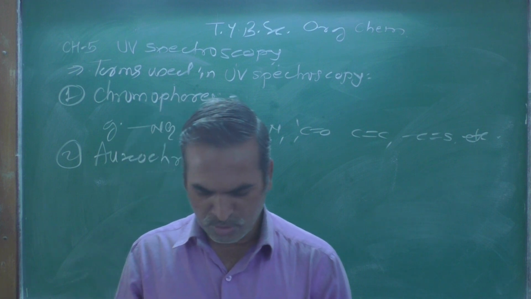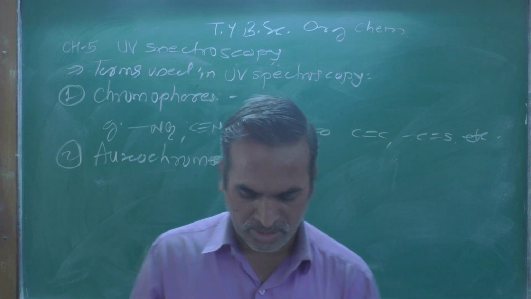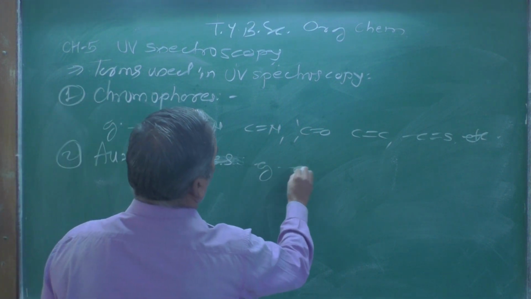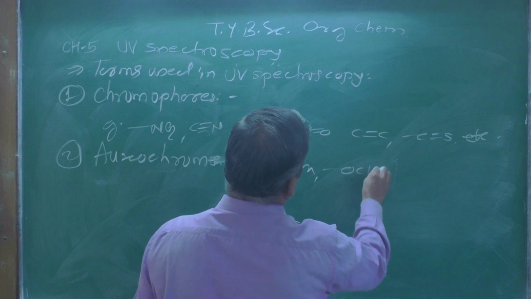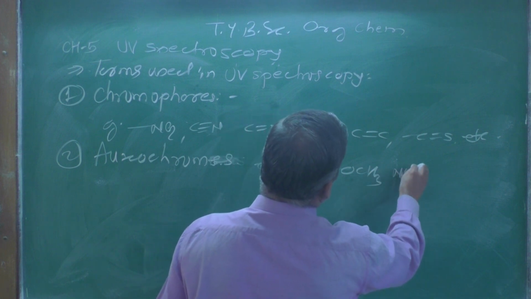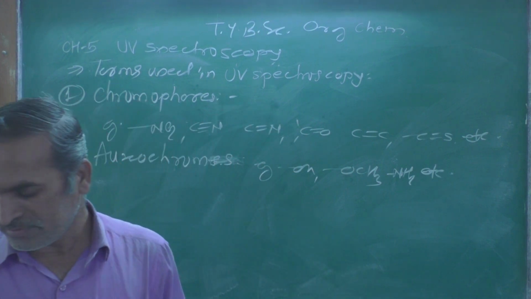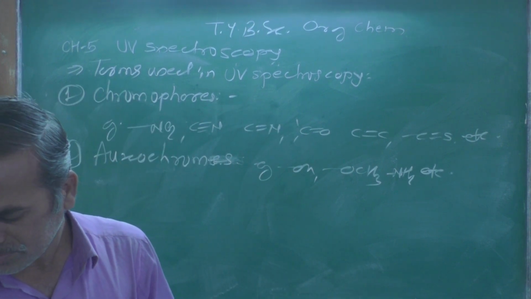Some of the auxochromes are OH, OCH3, NH2, etc. These are the examples of auxochromes.